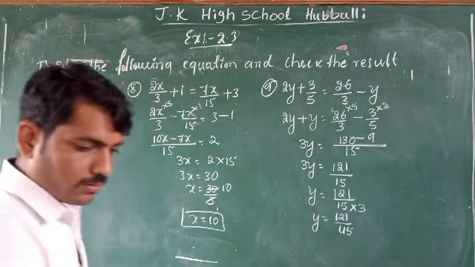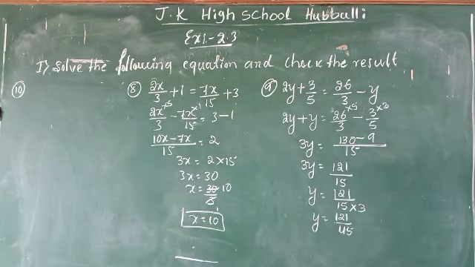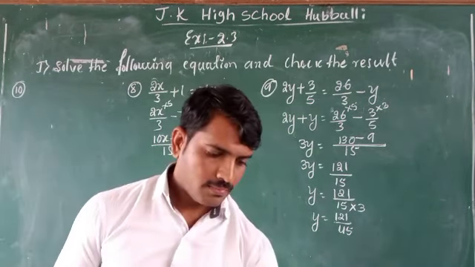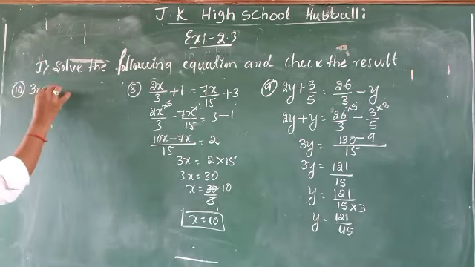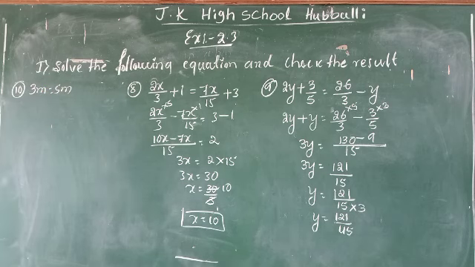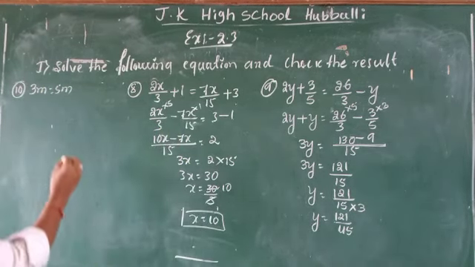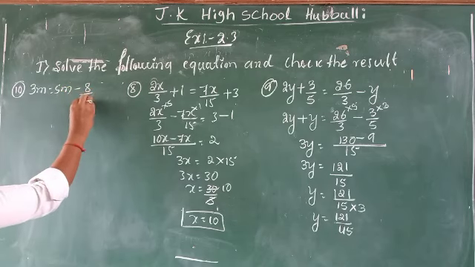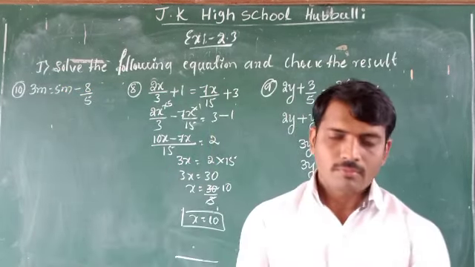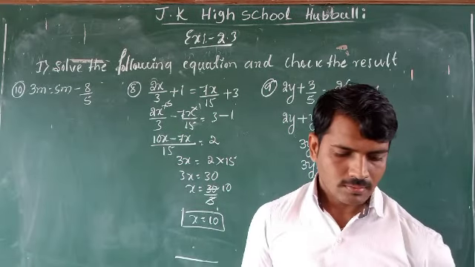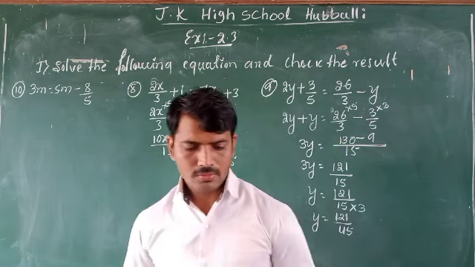The question number 10 is 3m is equal to 5m minus 8 by 5. Will you solve that? Okay. Try, otherwise I will solve.